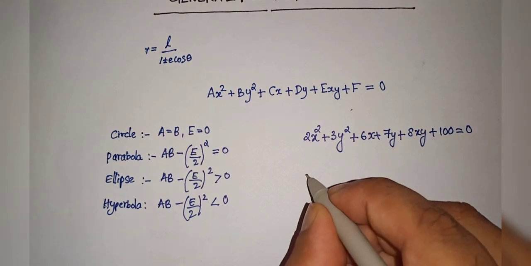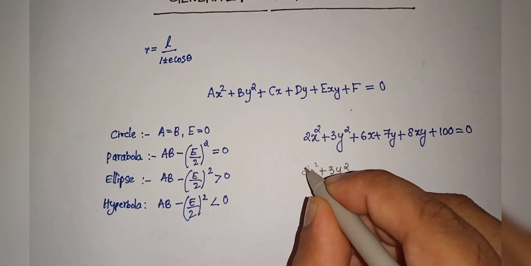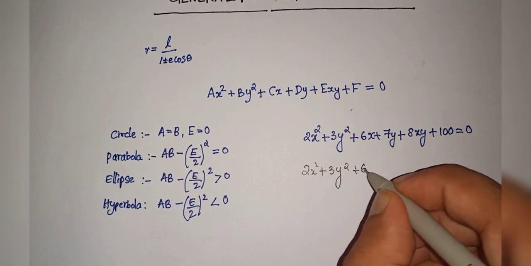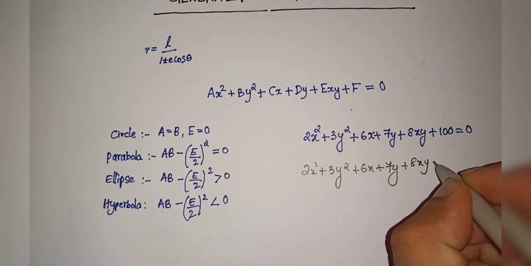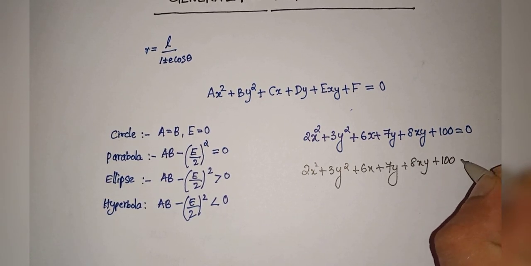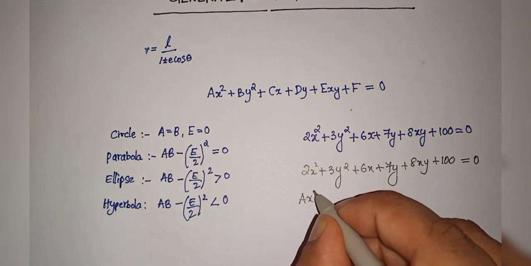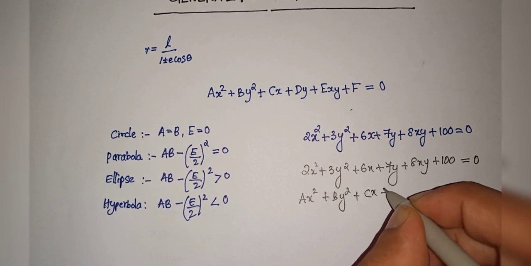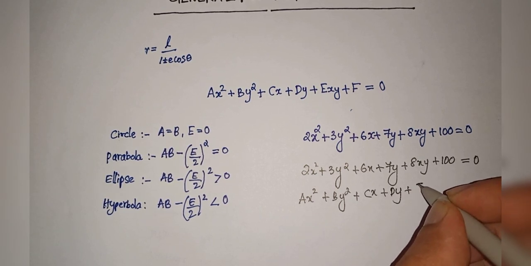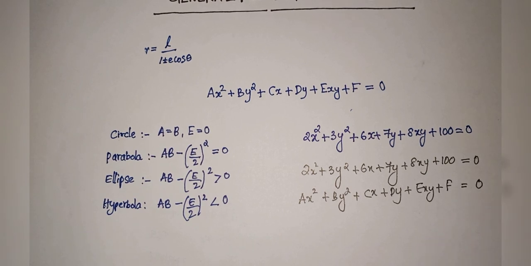So I'll write the question: 2x square plus 3y square plus 6x plus 7y plus 8xy plus 100. Now I write the general form of the conic: ax square plus by square plus cx plus dy plus exy plus f equal to 0.